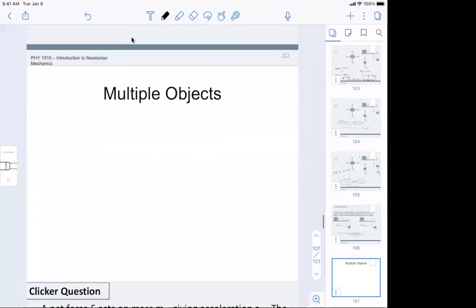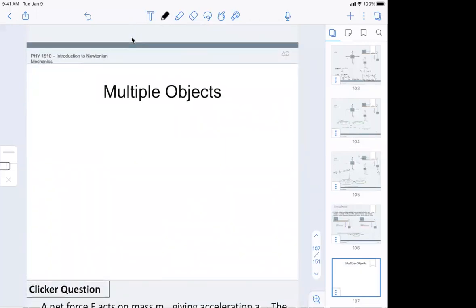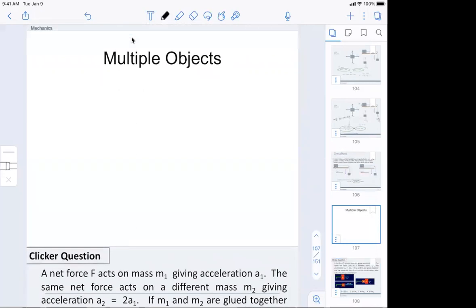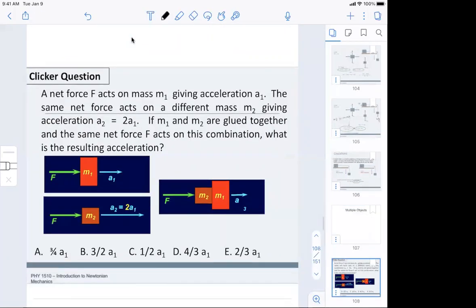Now let's move on to solving multiple objects. Sometimes you have more than one object, and the pulley is also involving multiple objects, but sometimes they're right next to each other. So let's look at this particular clicker question. I have mass 1 and mass 2.